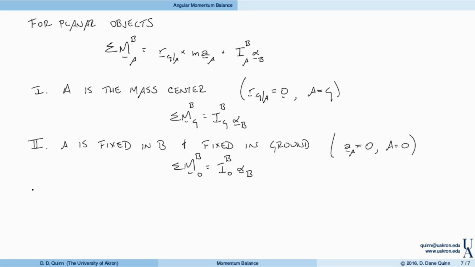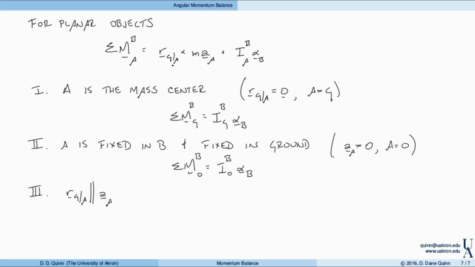The third and final case is a special case, but it is one that happens quite frequently in certain situations. Here the position of the mass center with respect to the point that we're taking the moments about, is parallel to the acceleration of that point.